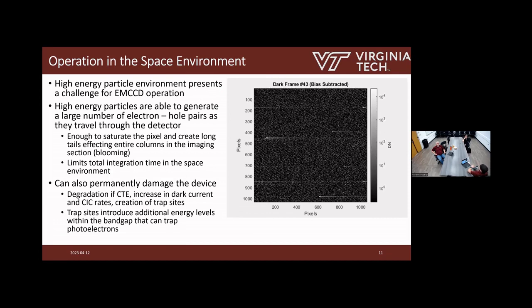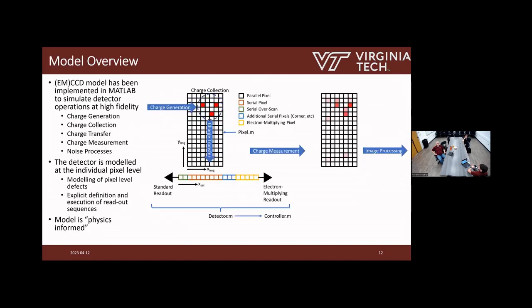Now we've gone over what an EMCCD is and how it works. I'll be talking about the model that we developed in order to try and simulate EMCCD operations. This is a model that we implemented in MATLAB, and as it stands, it's able to simulate all the different processes that we discussed, things like charge generation, charge collection, charge transfer, charge measurement, as well as those noise processes.